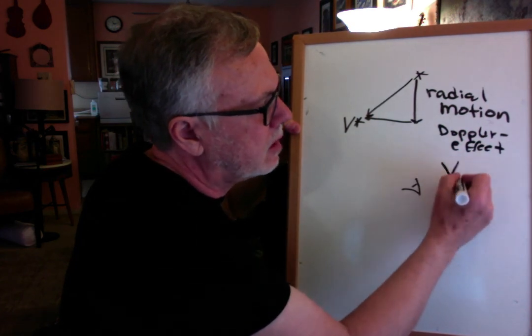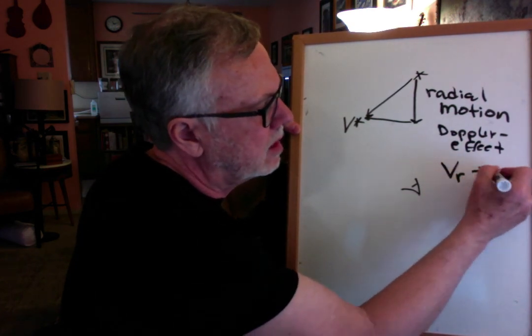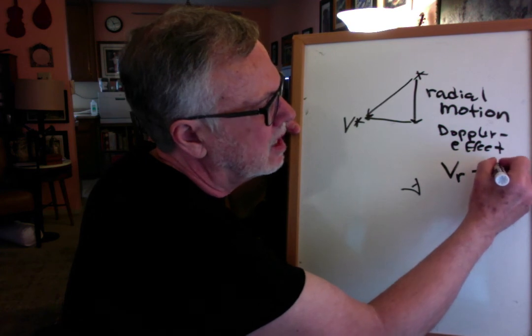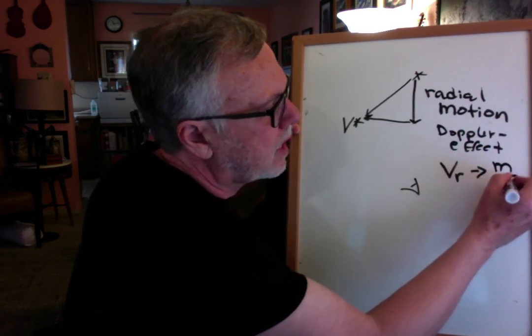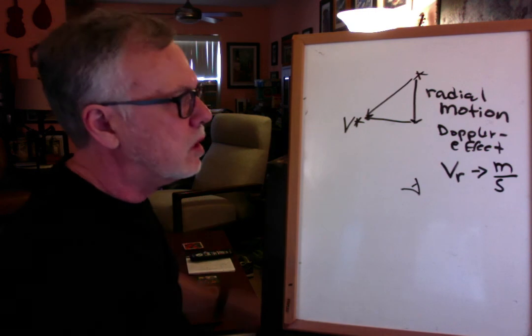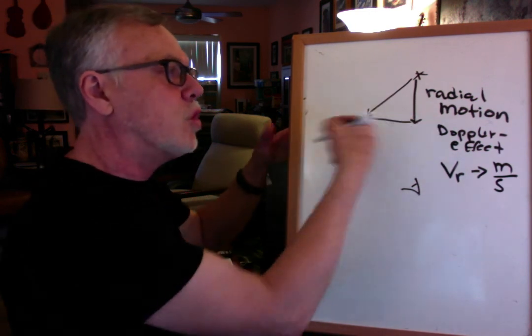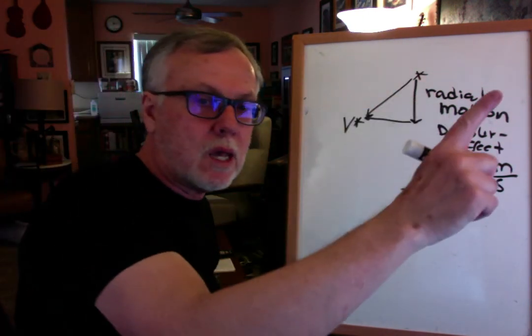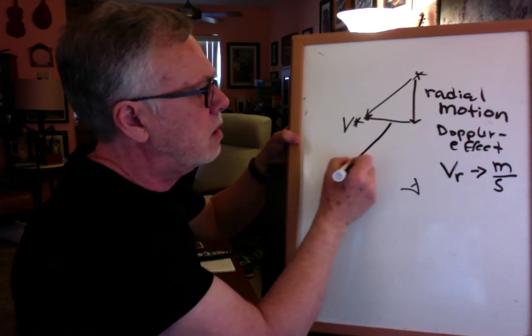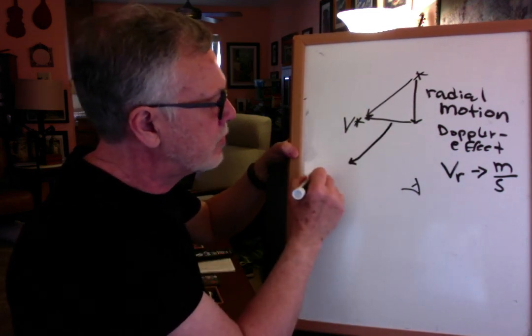So the radial velocity would be given in basically meters per second as the unit. But this motion, which is basically just across the sky, this motion right there is known as a star's proper motion.